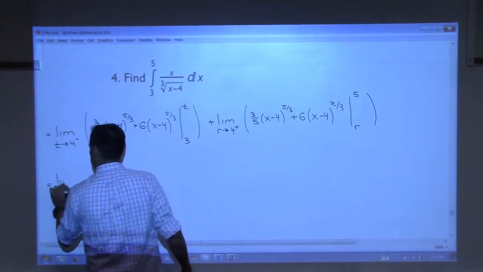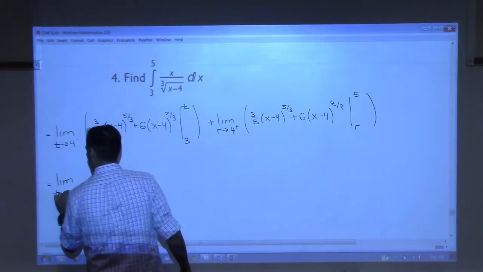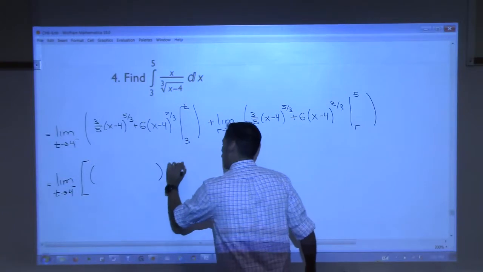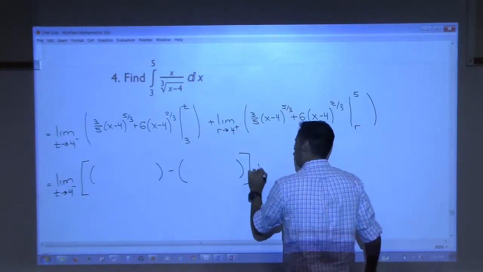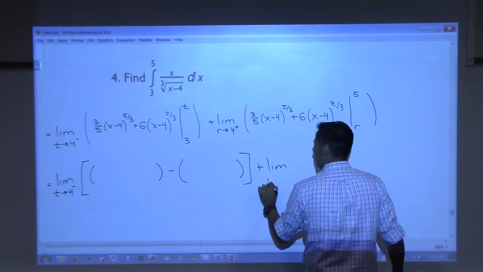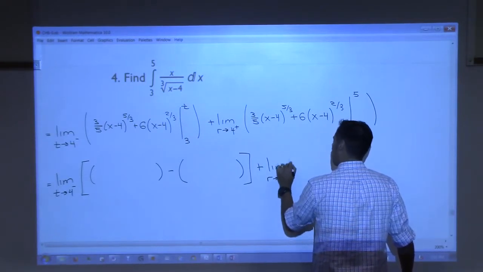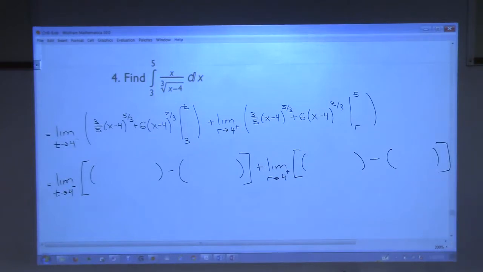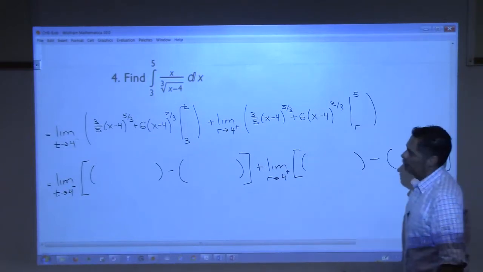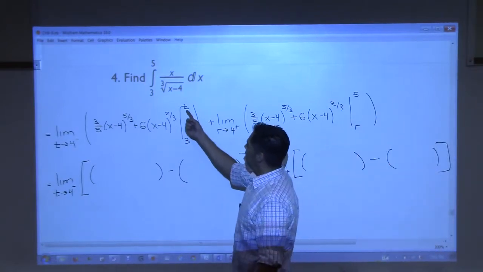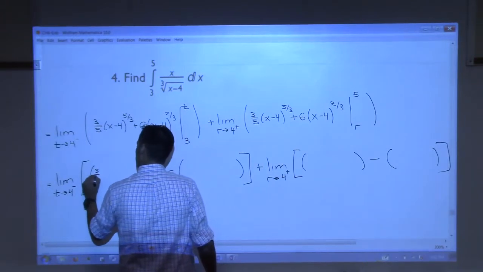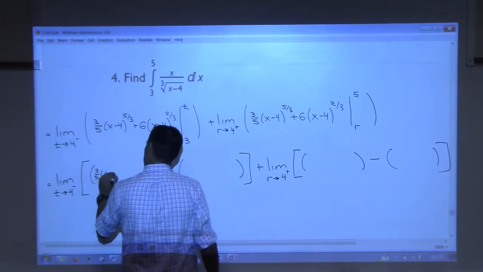Equals limit t goes to 4 from the left, and then we're going to have two things in here. And then plus another limit, this time r is going to go to 4 from the right, and then we're going to have two things in there. All right, when we put the t in here, we just replace all our x's with t's.